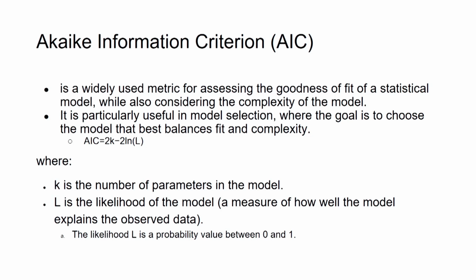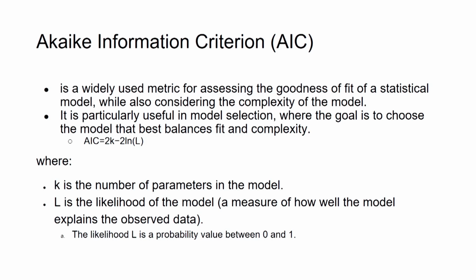What is L here? In 2 log of L, L is the likelihood of the model. It measures how well the model explains the observed data, or how well it fits the observed data set. The likelihood L is a probability between 0 and 1. The first term deals with the complexity of the model, and the second one deals with the fit of the model.